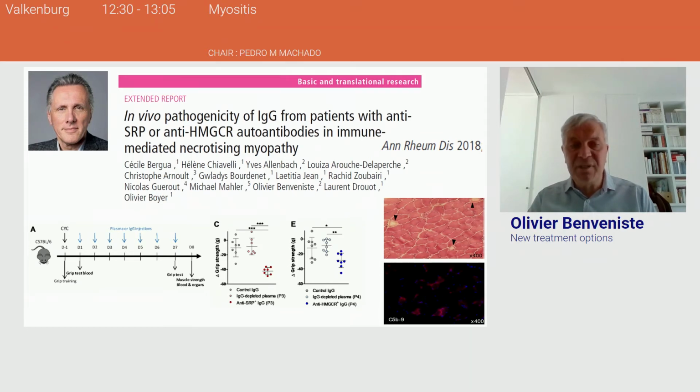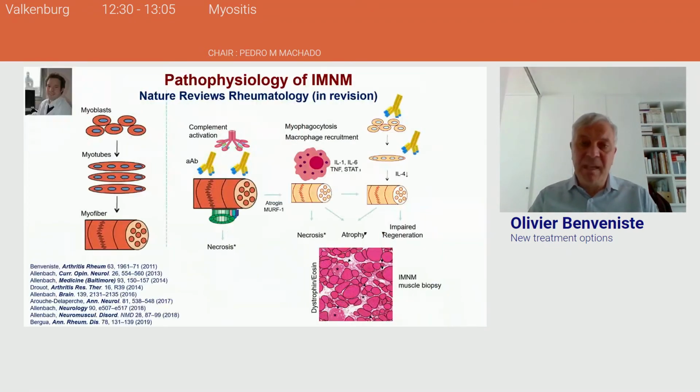And in mice receiving these purified immunoglobulins, you can see that their strength was lower. And also on pathology, we can observe some necrotic fibers and complement deposits at the surface of the myofibers.